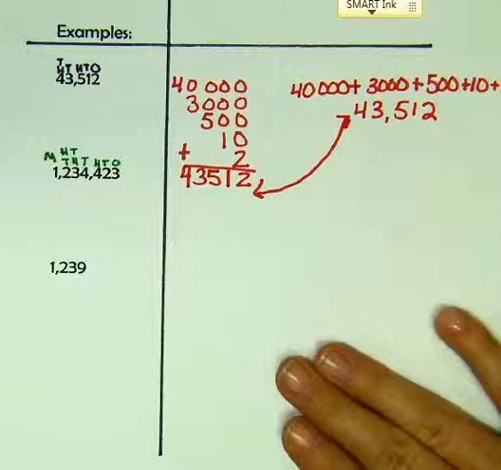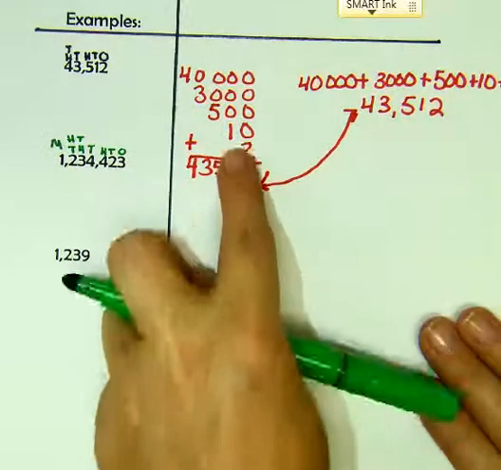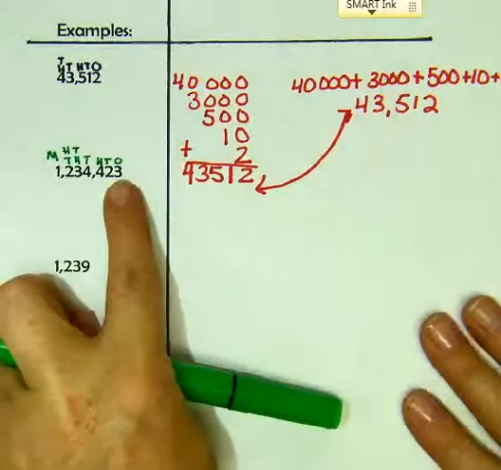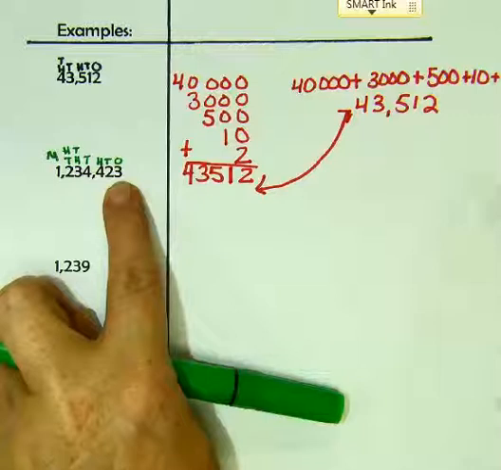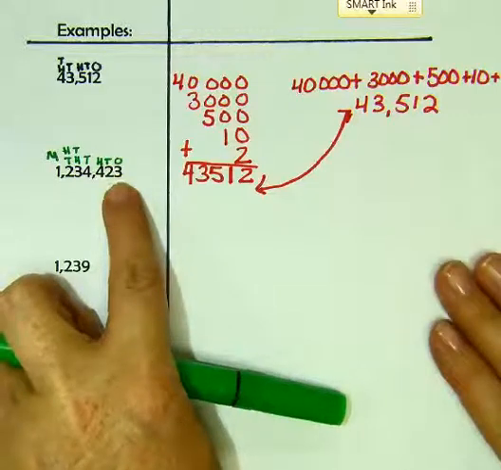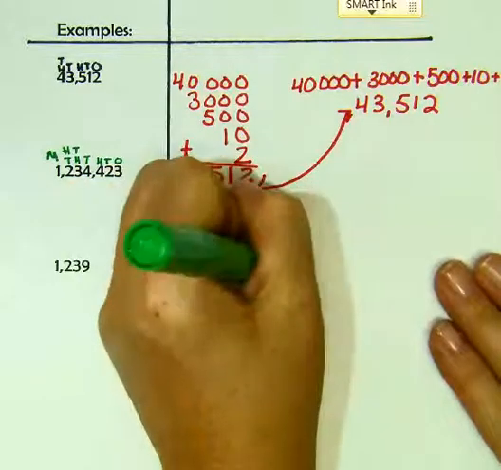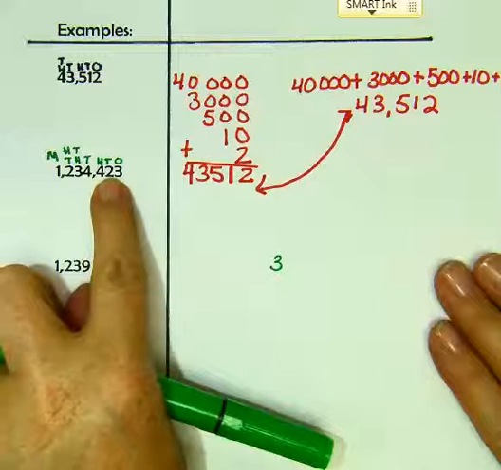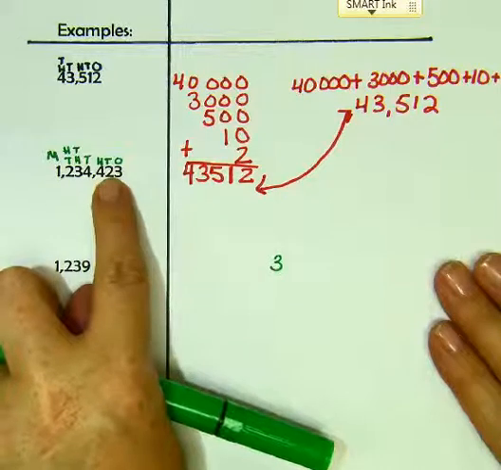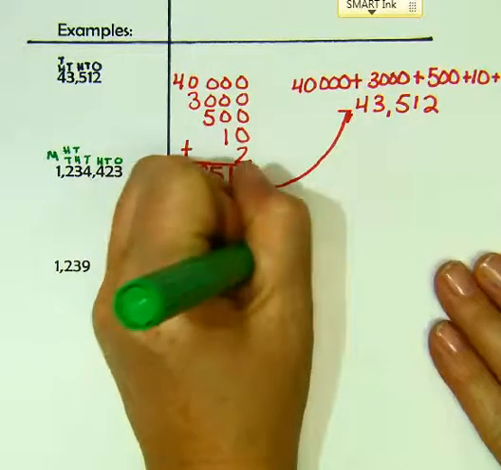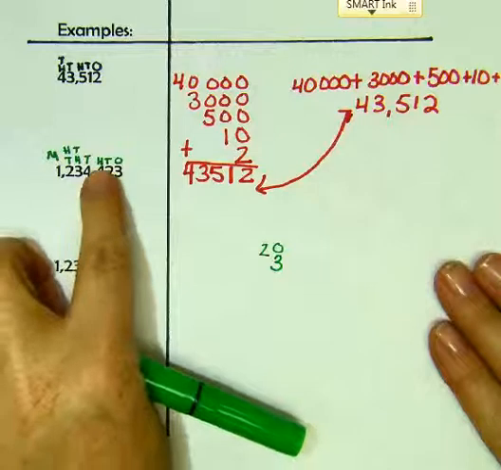So let's go ahead and just start lining these up like we did here. 3 has a value of 1 because it's in the 1 spot. So 3 times 1 is 3. 2 is in the tens place. 2 times 10 is 20.